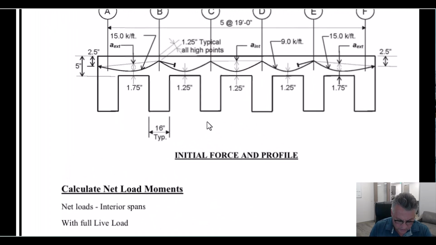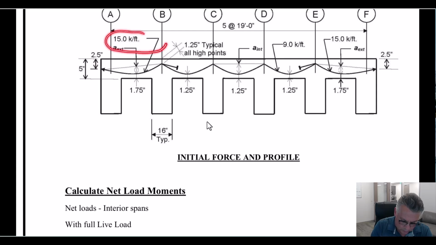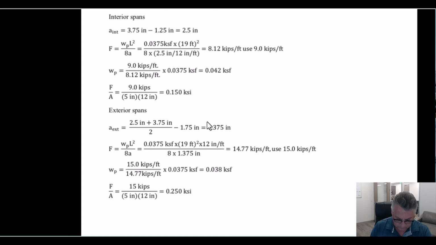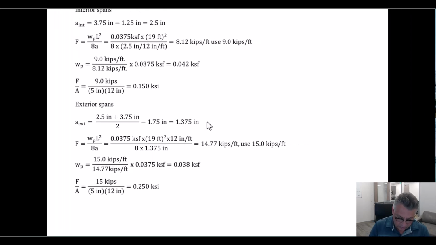So what you're seeing here, I don't want to ruin the movie for you, but we're going to have to add some tendons at the exterior bays. So the exterior span has the 1.375 maximum drape. Therefore, using the same equations that we used up here, Dad's estimating that we're going to need 14.77 kips a foot.